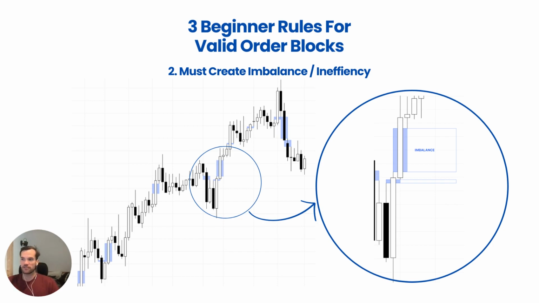So generally imbalance is caused when big money moves into the market and pushes the market in the direction that they want very fast and eats up all the liquidity. Generally, the market does like to come back into these areas and fill these imbalances. They don't have to be filled straight away, but it's a good indication that some big entity or big money moved into the market here and potentially would defend that area.